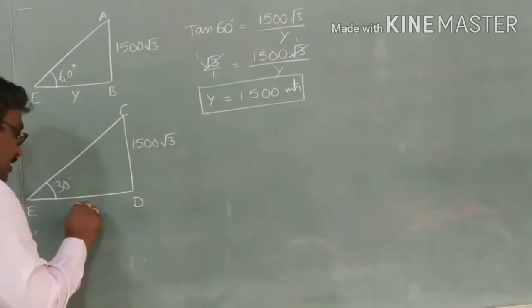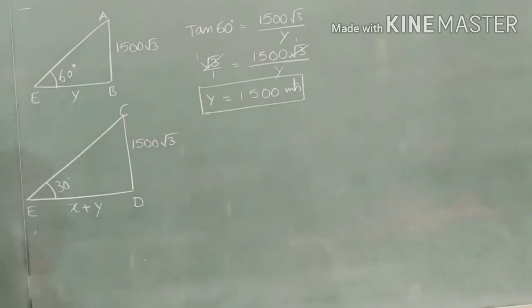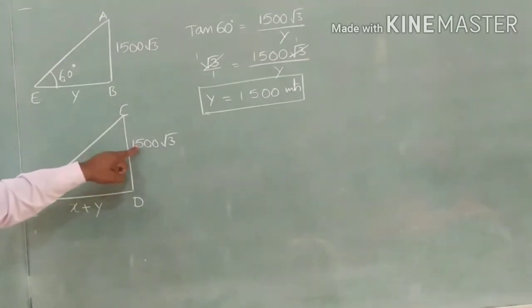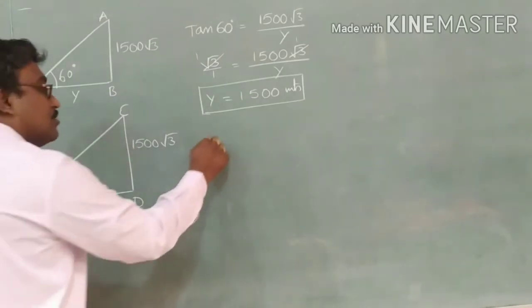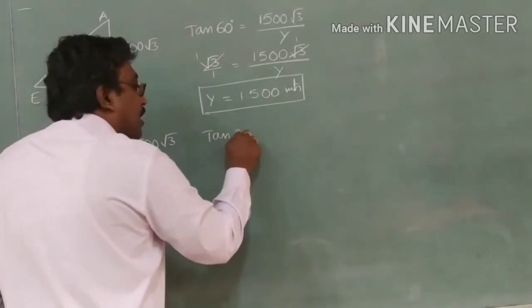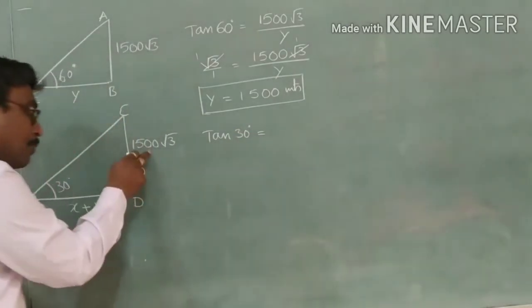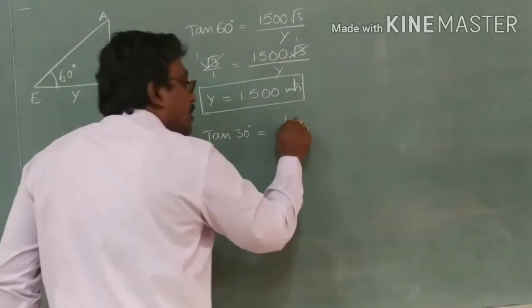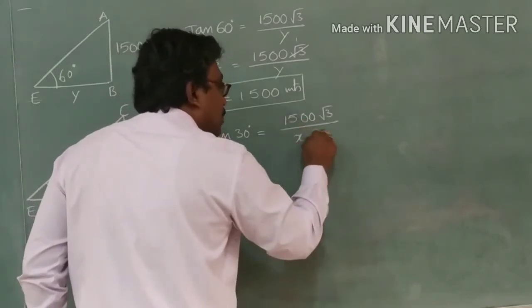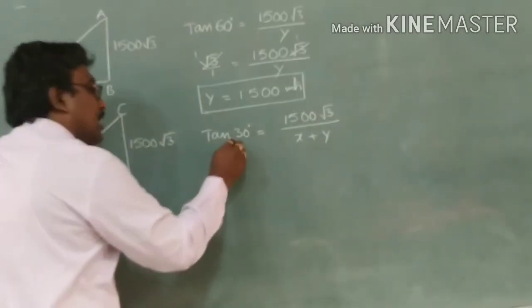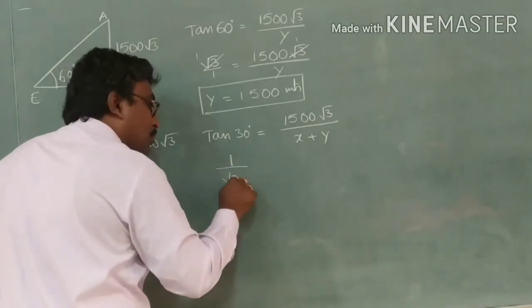ED is nothing but X plus Y. With respect to 30 degrees, opposite by adjacent, so tan 30 is equal to 1500 root 3 by X plus Y. Tan 30 value is 1 by root 3.